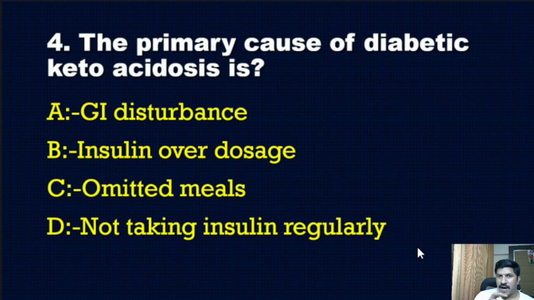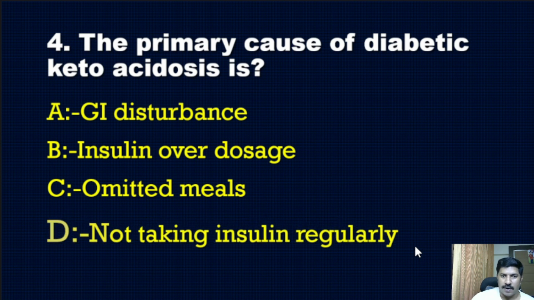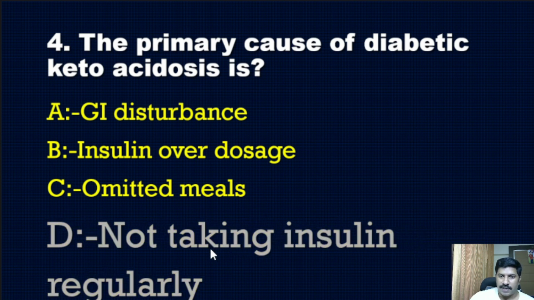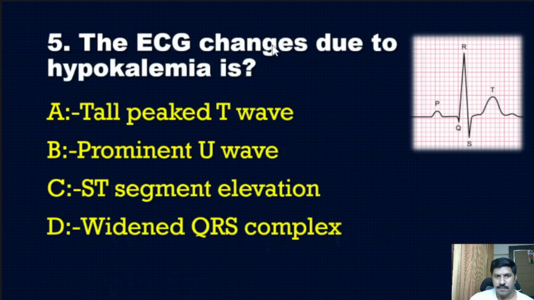So there is no adequate insulin to change the glucose into glycogen. So there will be increased glucose level. Increased glucose level means hyperglycemia. Hyperglycemia leads to diabetic ketoacidosis. So the answer is option D, not taking insulin regularly.